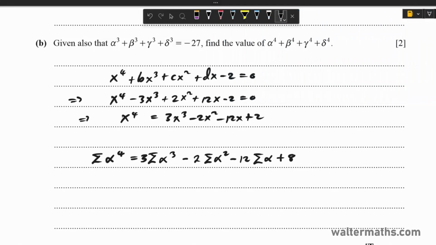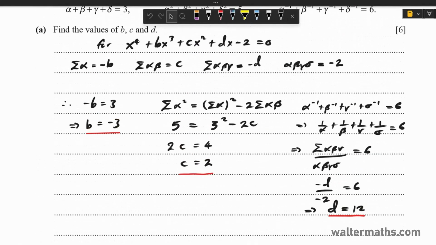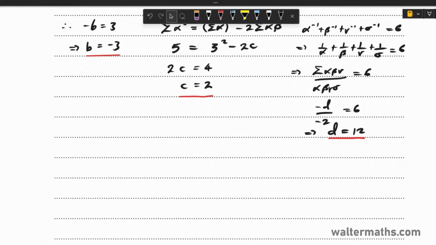All right, so basically this is alpha to the 4 plus beta to the 4 plus gamma to the 4 plus delta to the 4, and it's equal to 3 times the sum of the cubes of roots, which is minus 27, minus 2 times the sum of squares of the roots. We got that to be 5.